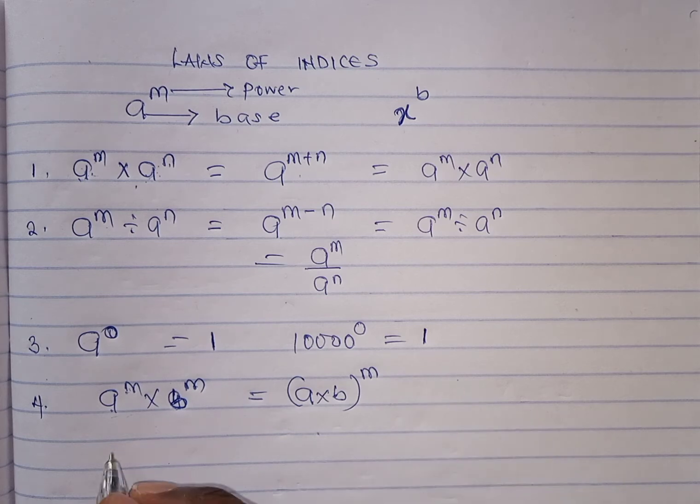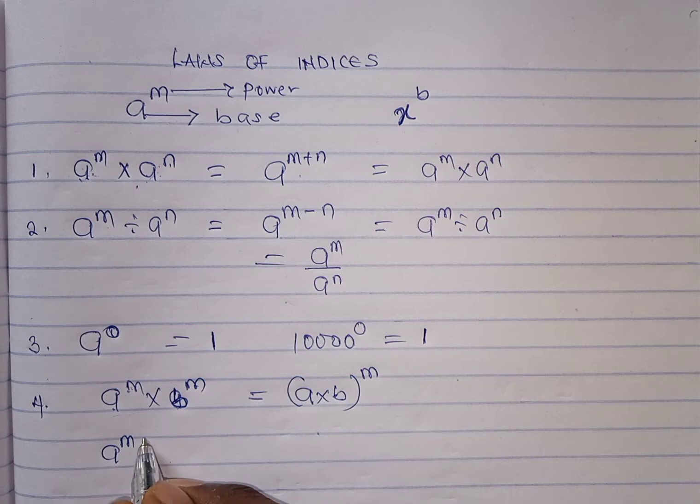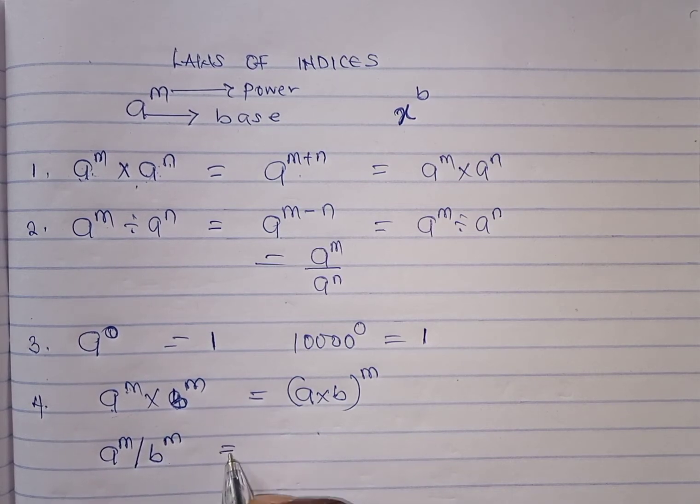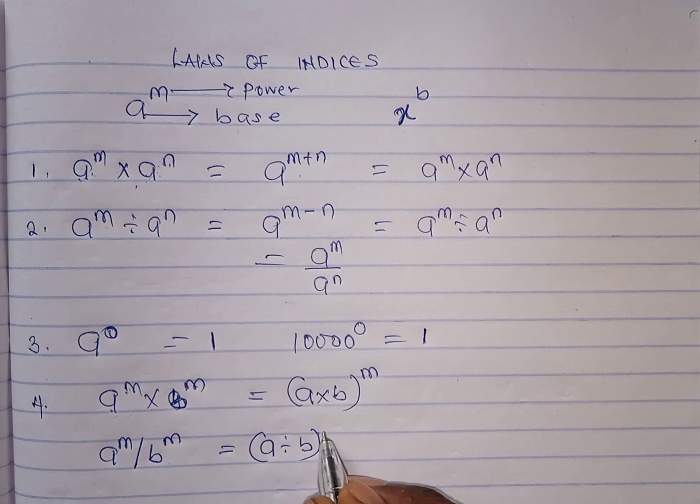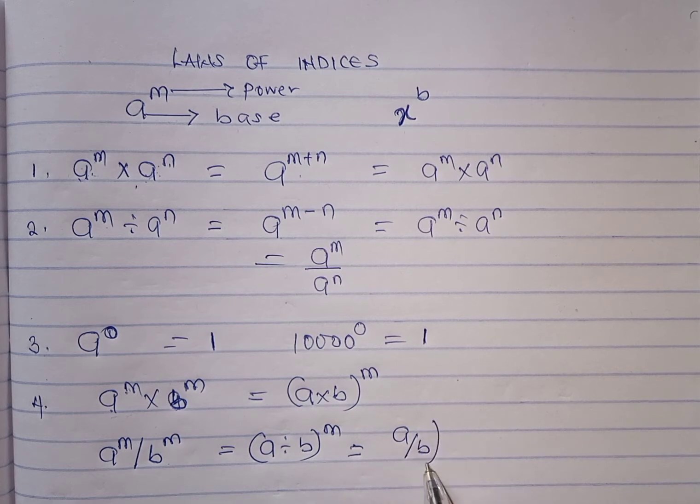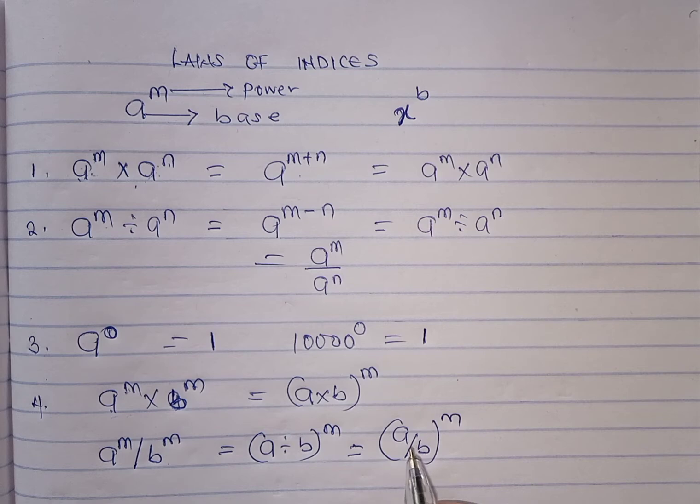The same thing is applicable when it comes to division. You are given a raised to the power of m divided by b raised to the power of m. It's still the same thing as a divided by b raised to the power of m, or you can also express it as a over b, then everything is raised to the power of m. It's as simple as that.